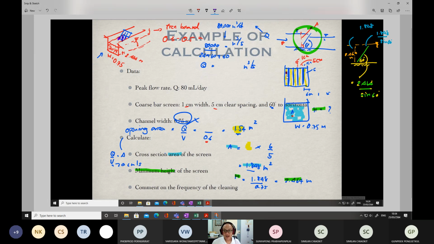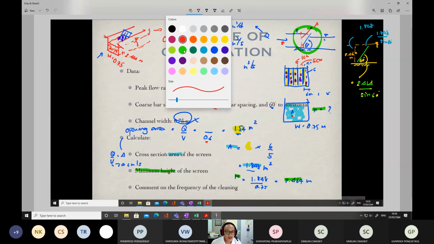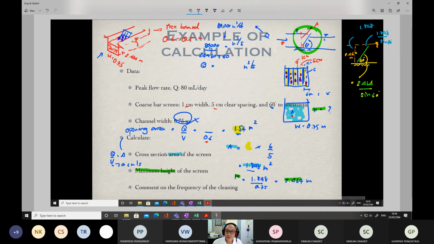If the trash gets stuck or clogged somewhere in front of the screen, it will affect the opening space, as the opening space will be reduced. So initially the opening area here is 1.54 square meters. So this is the opening area.